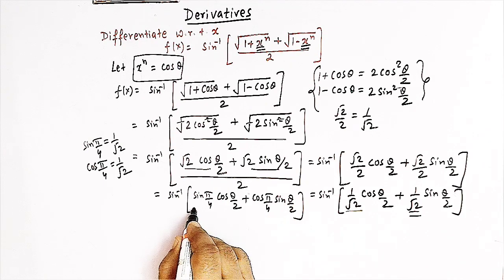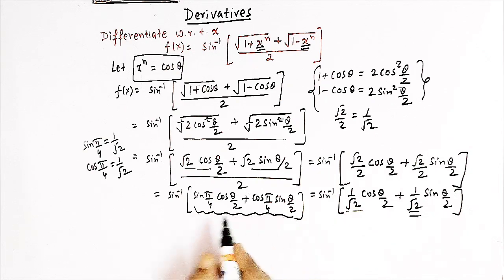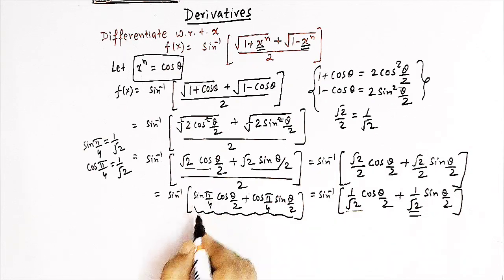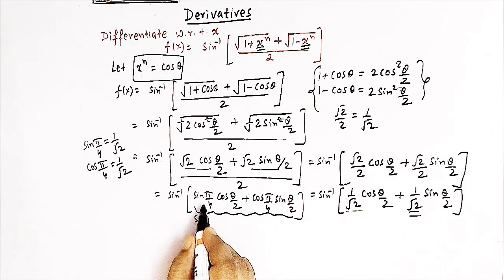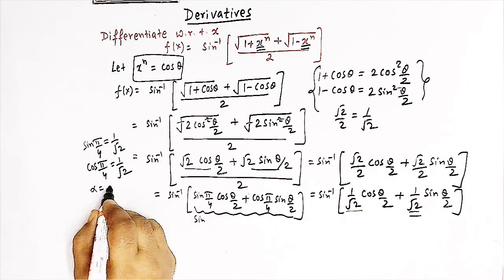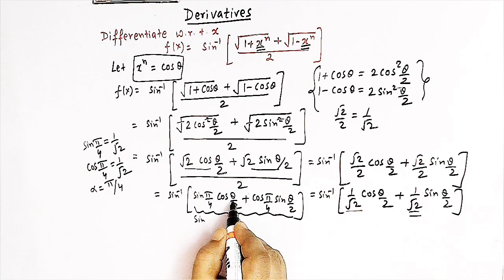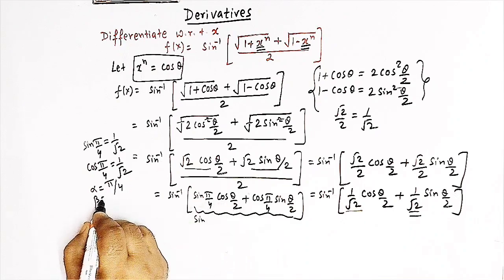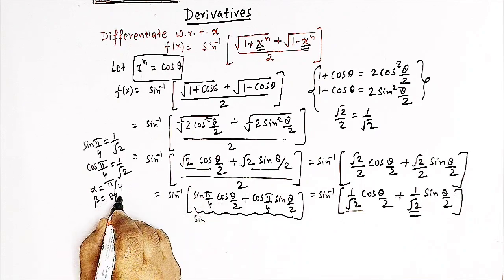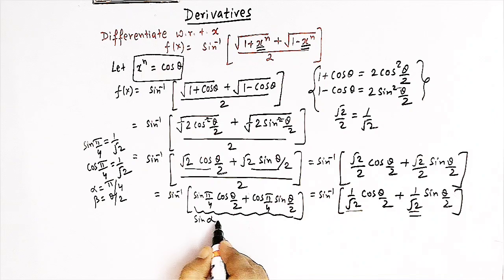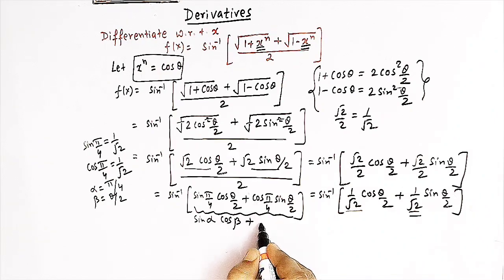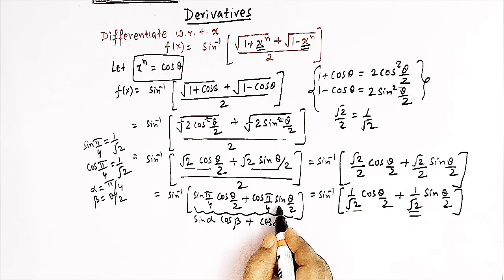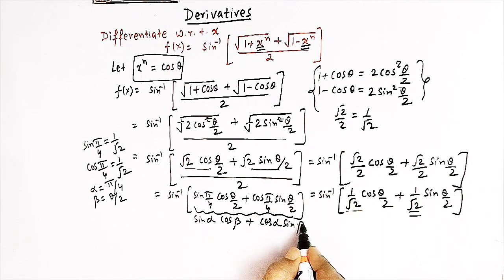So now we have this expression in which we can assume pi by 4 as alpha. So alpha is pi by 4, and beta can be taken as theta over 2. So we have sine alpha cosine beta plus cosine alpha sine beta.